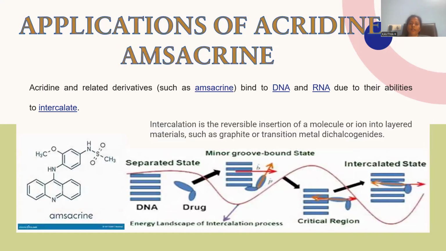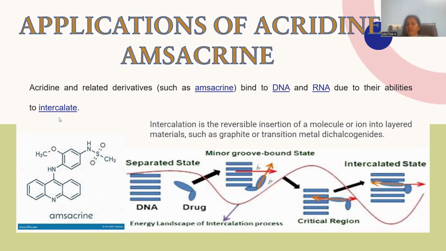Another application of acridine is a molecule composed of the acridine skeleton, amsacrine. In amsacrine, acridine is taken as the skeletal core moiety, and it is able to bind to DNA and RNA conveniently due to its ability for intercalation.